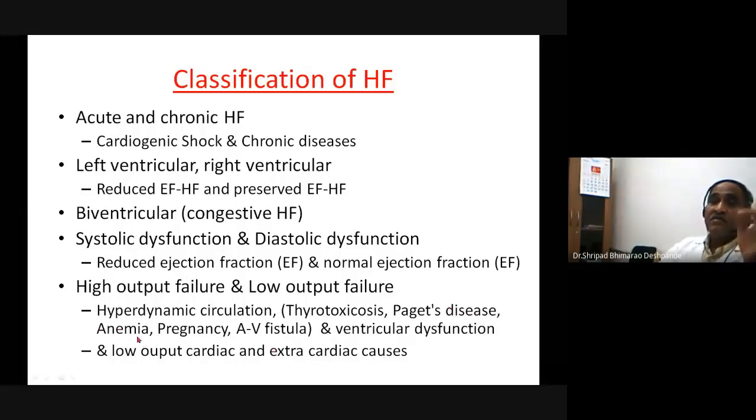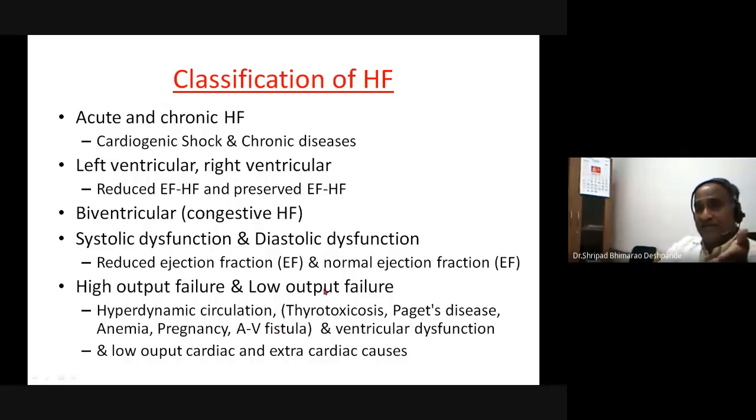Anemia, when very severe, also has an increased hemodynamic circulation. A normal situation like pregnancy may have a greater circulation rate, or an arteriovenous fistula in the body will produce the hyperdynamic circulation. Okay, that is one component.